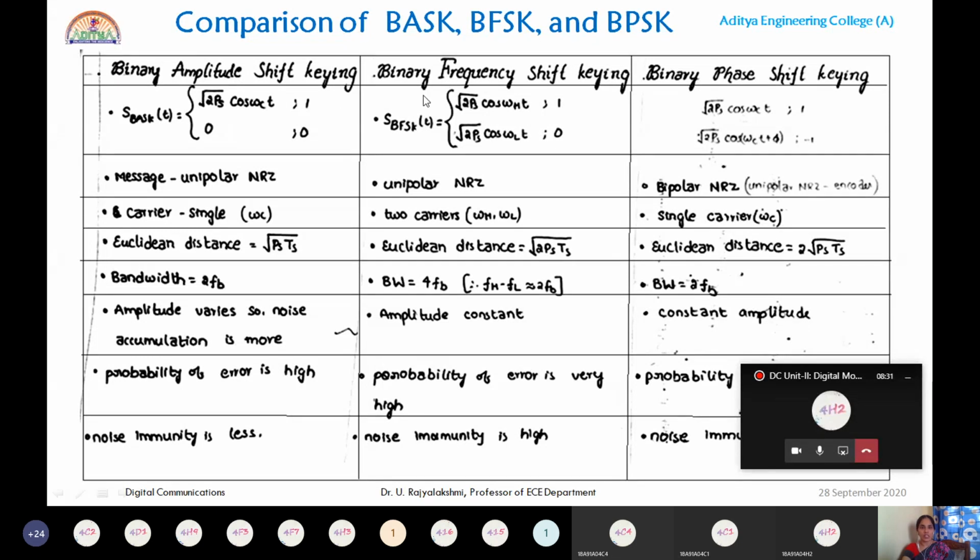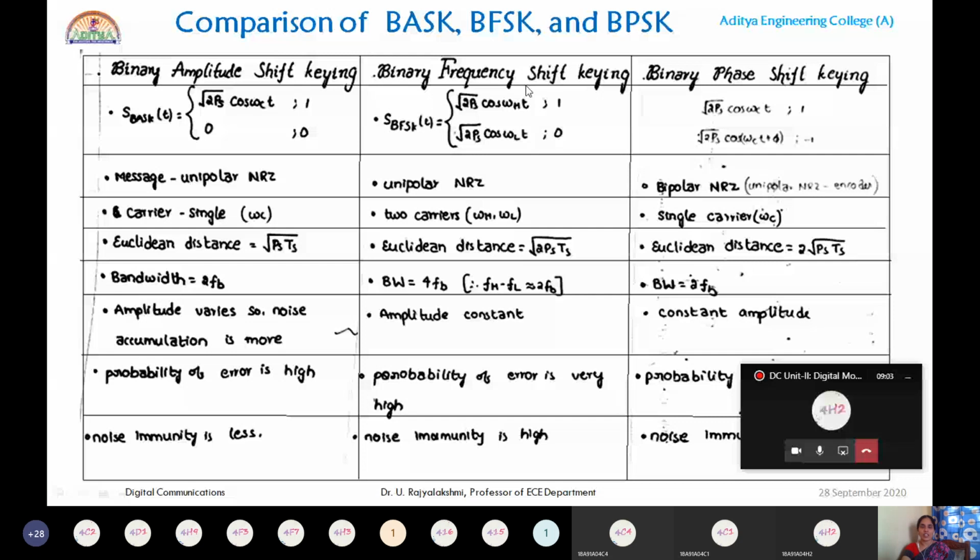Once n is 1, binary means that it will have two changes. If it is binary ASK, it will have two amplitude changes. If it is binary FSK, it will have two frequency changes, one high frequency and the other low frequency. And if it is binary PSK, it will have two phase changes, one is 0 and the other is 180 degrees as we specified.